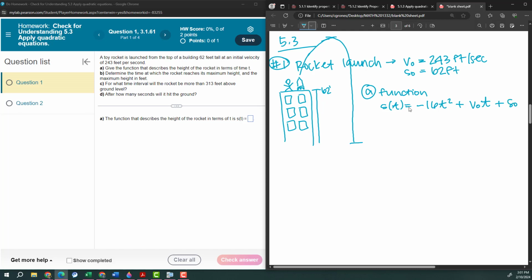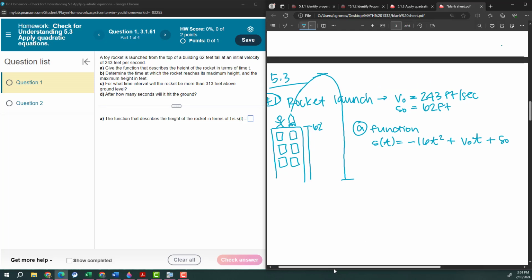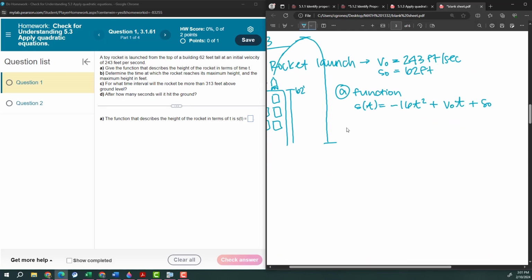So we're going to plug in our values that we got. We were given these values in the question. S of t equals -16 t squared plus 243 t plus 62.